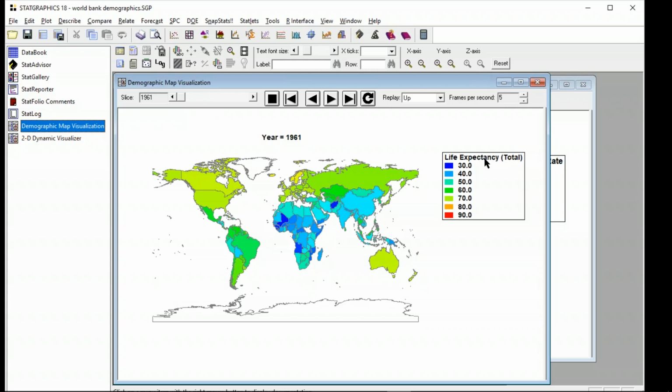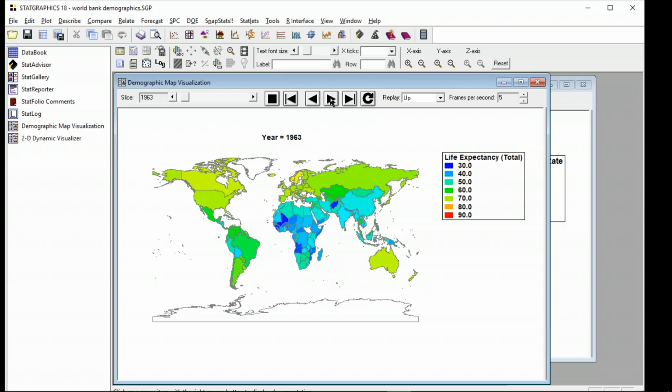And I've coded my maps such that dark blue would be a life expectancy of 30 years, dark red a life expectancy of 90 years. You can see back in 1961, there were a lot of blues, particularly in Africa, and the highest life expectancies appear up here in Scandinavia.